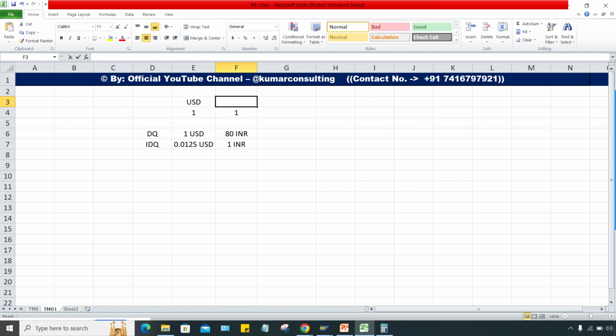There we have given USD and then INR, right? So here it is going to be maintained: 1 USD equals 80 INR. Now I am saying that 1 INR equals this much USD.